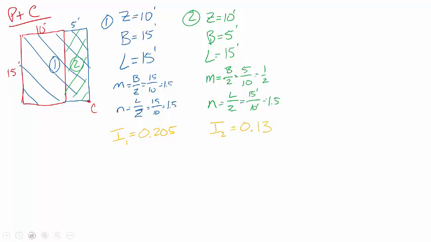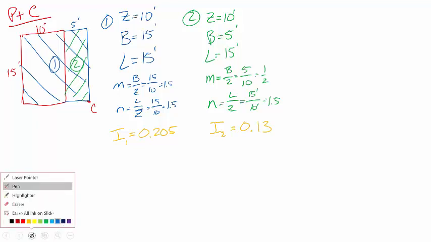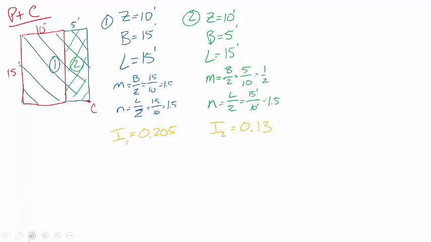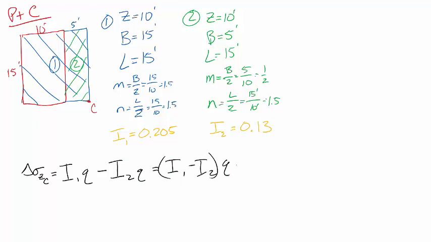Okay, so now let's set up our equation for the change in vertical stress for point C. This time we want to take I of 1 times Q minus I of 2 times Q, or we can just take I sub 1 minus I sub 2 times Q. And that is 0.205 minus 0.13 times 3,000 pounds per square foot.